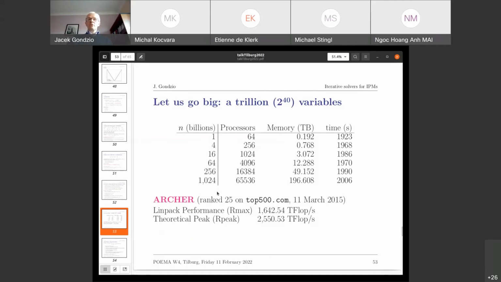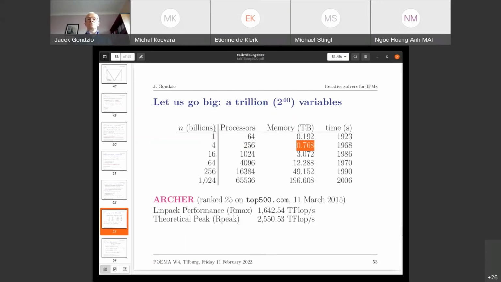But to be able to solve these problems, we had to use many processors. And of course, when we solve a problem 4 times larger, we also use 4 times more processors. And we use 4 times more memory, which you can see here. But we do not increase the time, which means the primal dual Newton conjugate gradient method on these specific problems is a perfectly scalable algorithm.